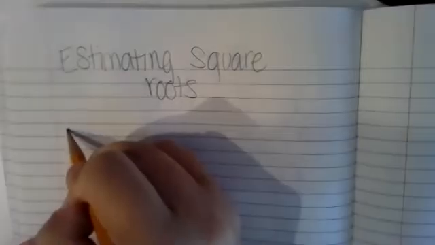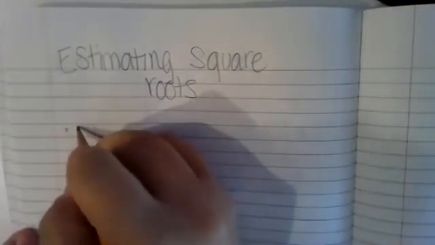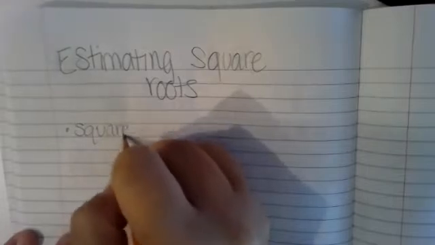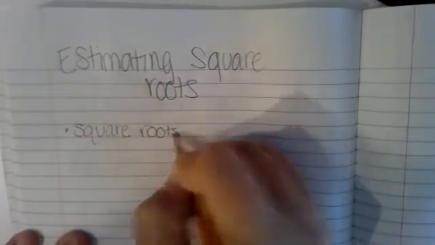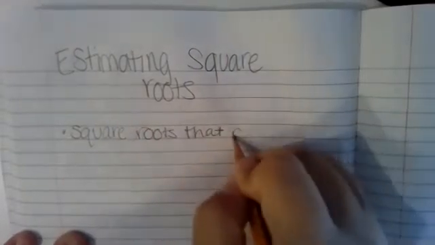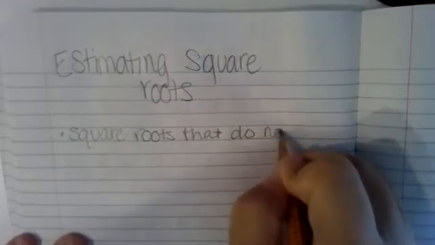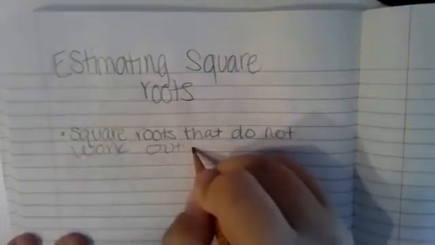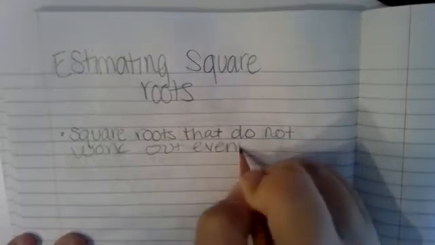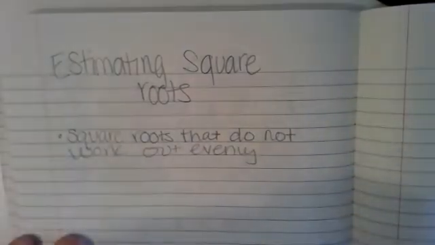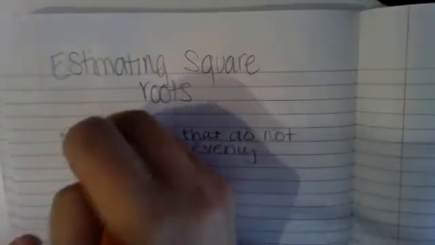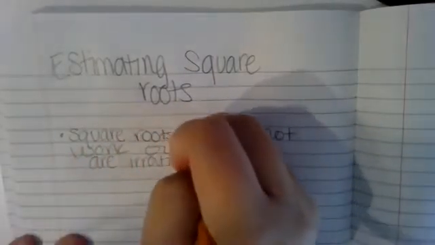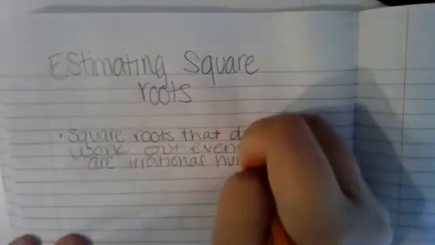So square roots that do not work out evenly are irrational numbers.